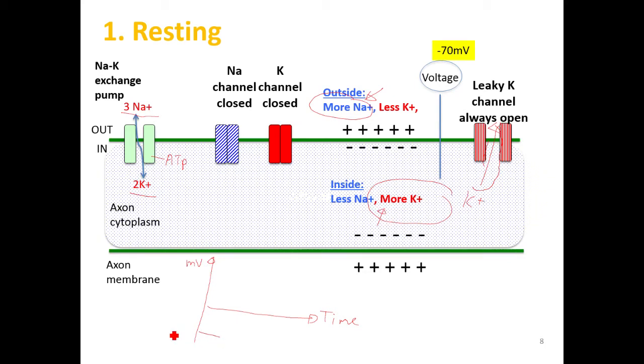At rest, the membrane potential is about minus 70 millivolts. There are more potassium ions inside and more sodium ions outside, and there is an uneven exchange of sodium and potassium ions, resulting in the membrane potential being negatively charged on the inside relative to the outside.